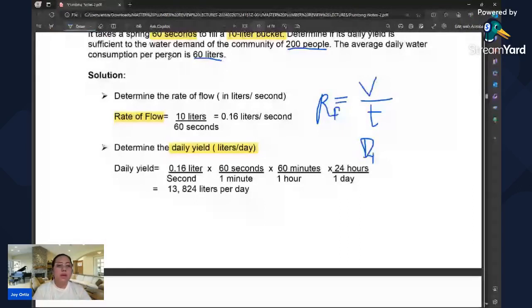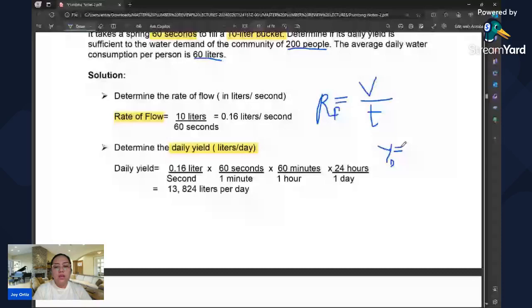So hanap tayo ng daily yield, Y sub D, which is equivalent to, of course, 0.16, this is the rate, the flow rate, right? And this is the flow rate.